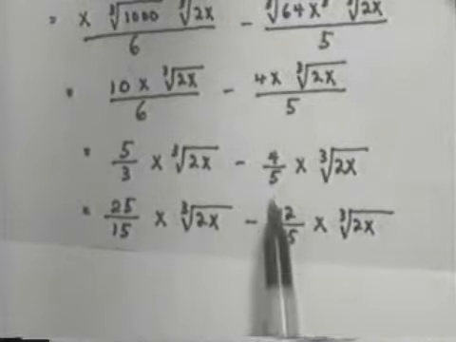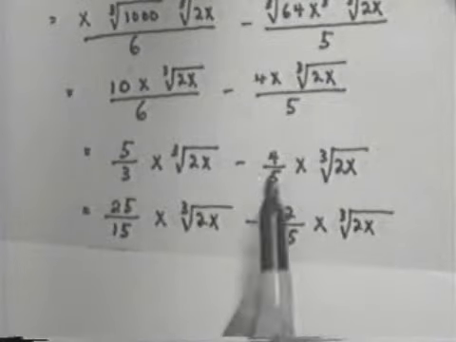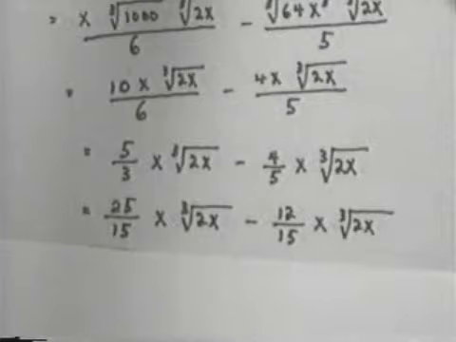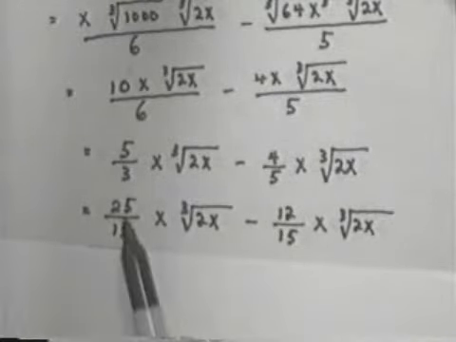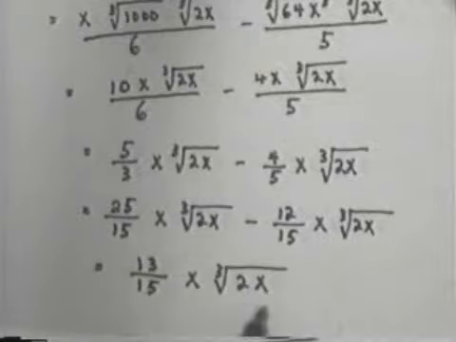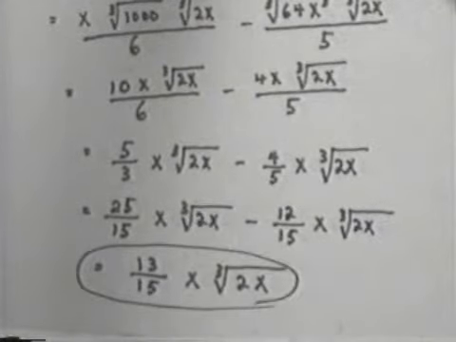So I have 25/15 x times the cube root of 2x minus 5 goes into 15 3 times. 3 times 4 is 12. So I have 12/15 x times the cube root of 2x. Now I simply subtract the numerators. 25 minus 12 is 13. So I have 13/15 x times the cube root of 2x as my answer.